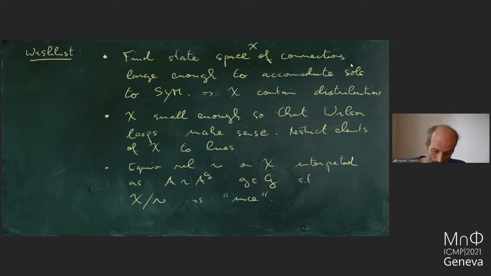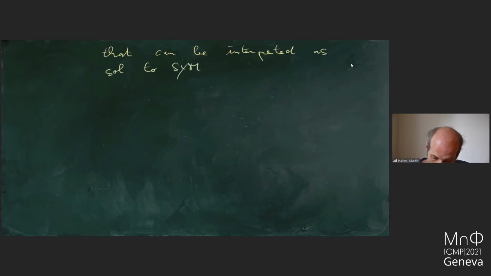And then what you want is, well, you would want to construct a Markov process on X that can be interpreted as solution to this stochastic Yang-Mills equation.